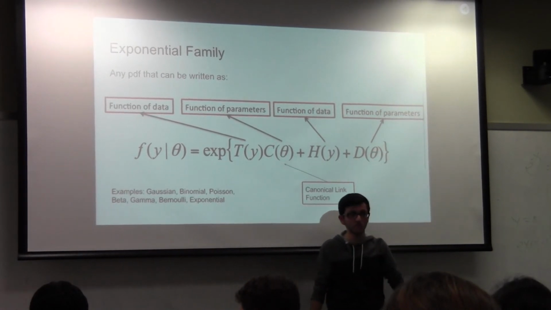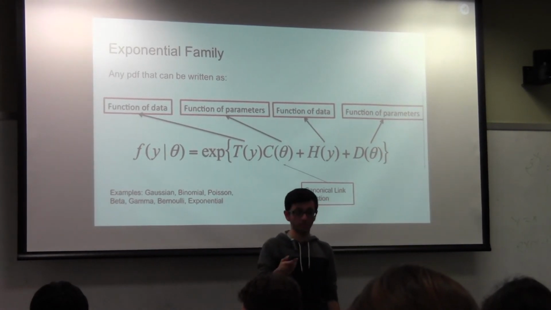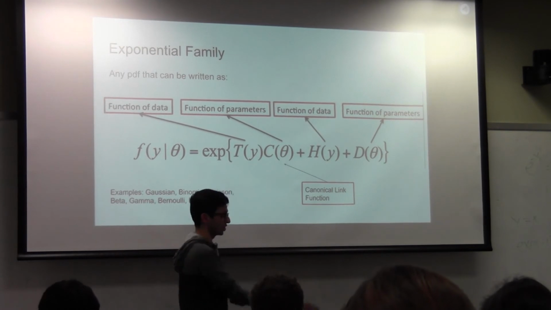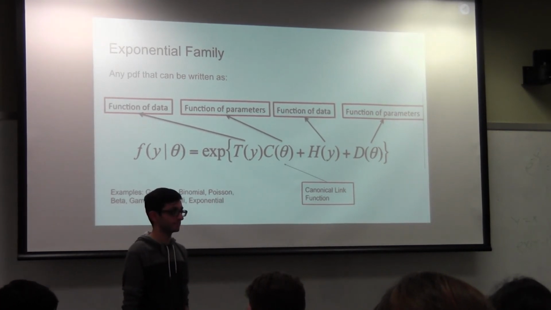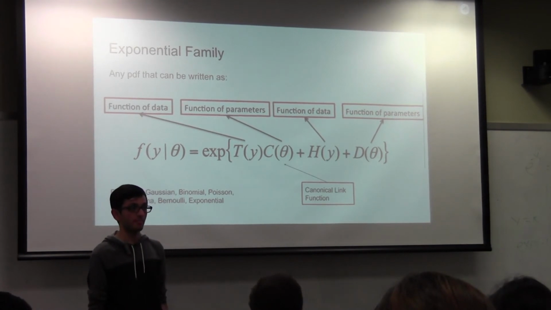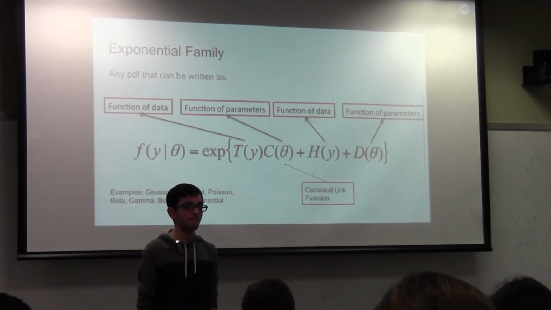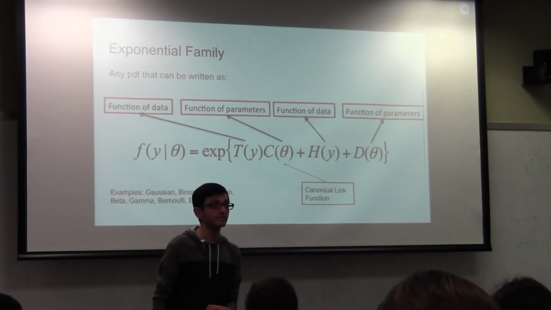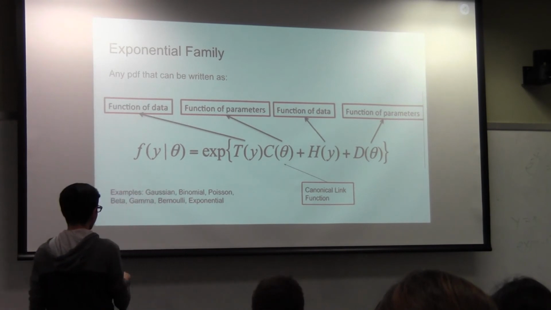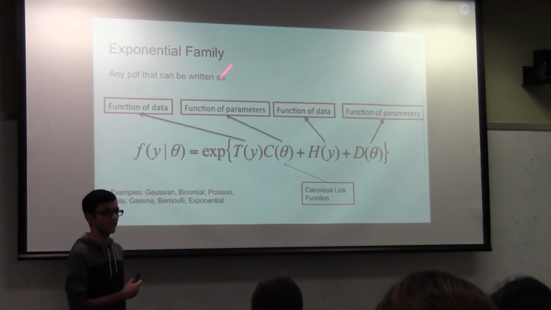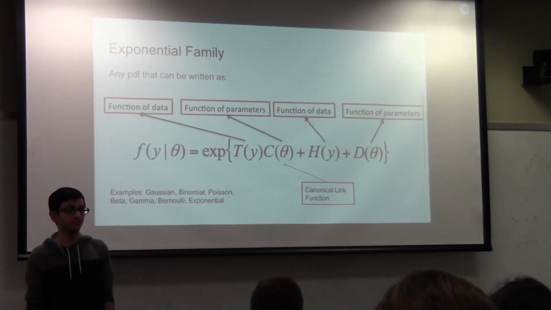Not every distribution can go into this form, but for the ones that can, we can use GLMs to find the best fit. Can we assume that any distribution given on the exam could be put into this form? Yeah, like I said, most distributions that you work with can be put into that form.